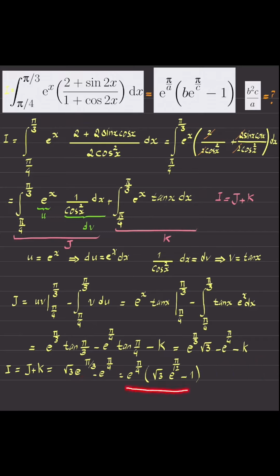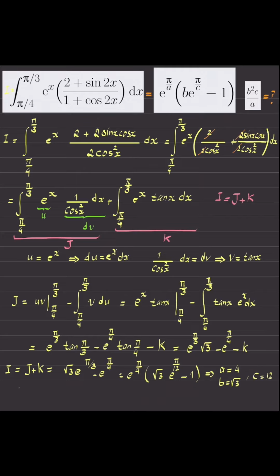Now, if you compare this final answer with this answer, you can immediately read a, b, and c. So a is 4, b is square root of 3, and c is 12.